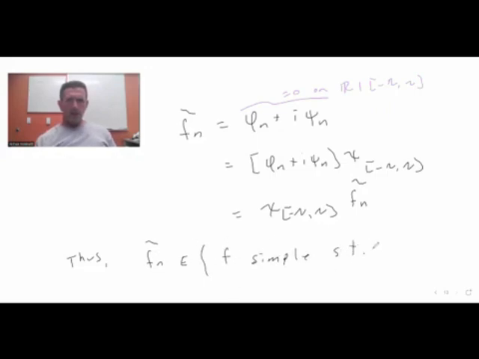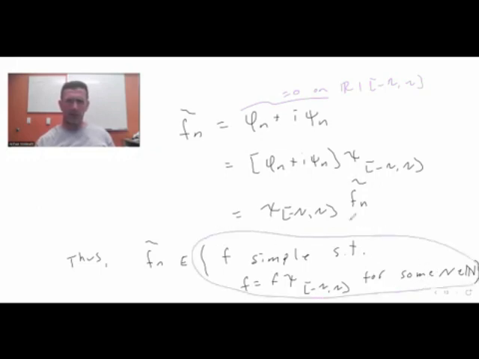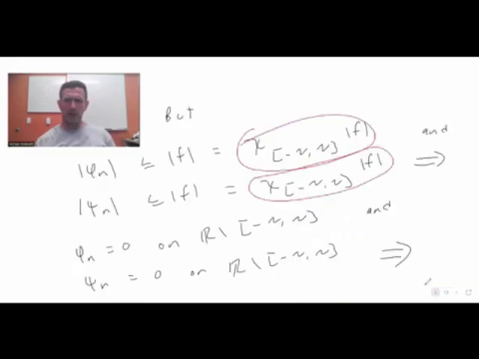So Fn tilde is in this collection of simple functions on R such that f equals this here, and let's say this is S2. Okay, so S2 is dense in S1.